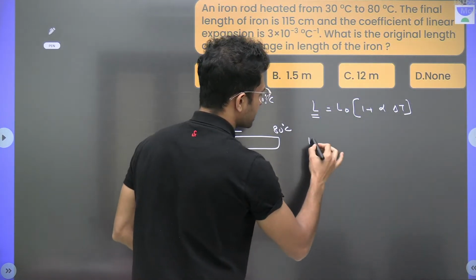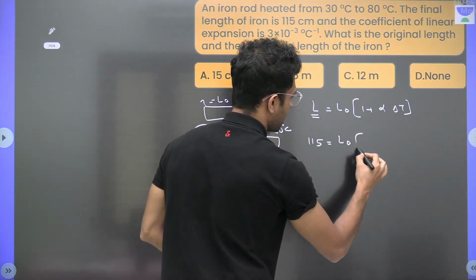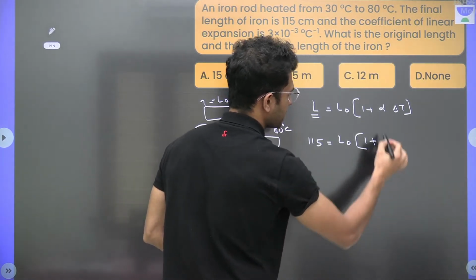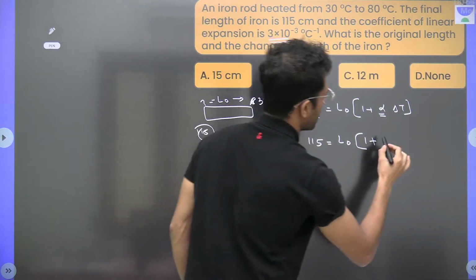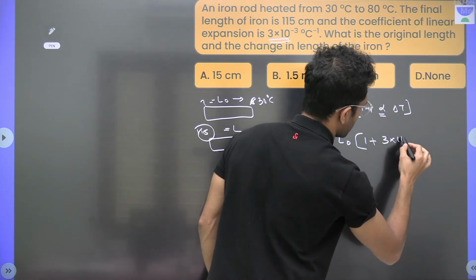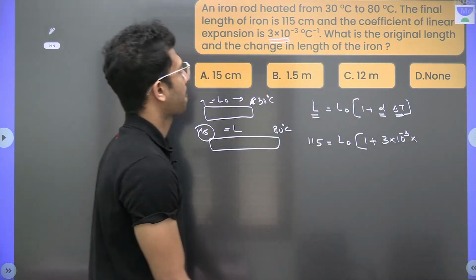The new length is given as 115 centimeters. L0 is the value we are supposed to find out. Alpha, where is it given? 3 into 10 power minus 3, into change in temperature.